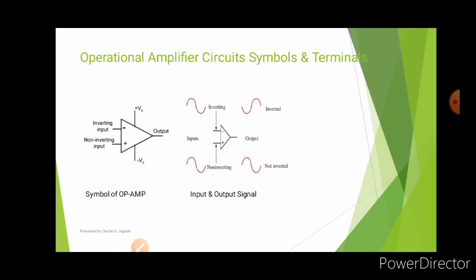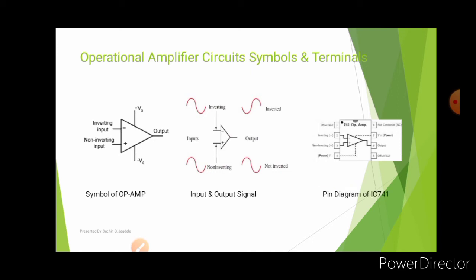That means in inverting, the output always has a 180-degree phase shift with respect to input, but in the non-inverting terminal there is no phase shift. Now let us see the IC741 op-amp. It's an 8-pin IC. We will discuss this IC package in detail in the next section.